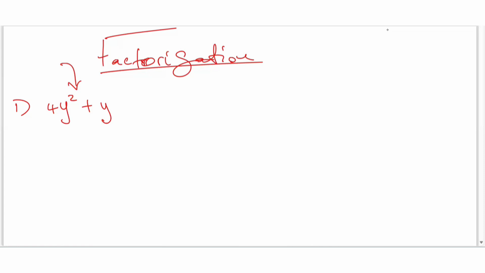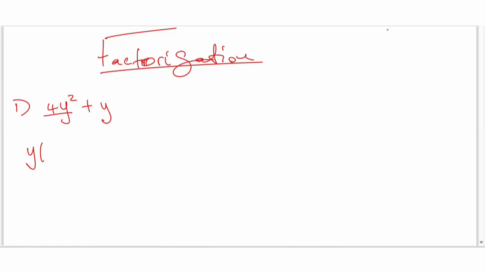Let's observe the terms. So this is one term and this is another term. We want to ask ourselves, what is the common factor for those terms? We're going to realize that the common factor is y, y to the first power. So what we're going to do is isolate that greatest common factor, and then open a bracket.